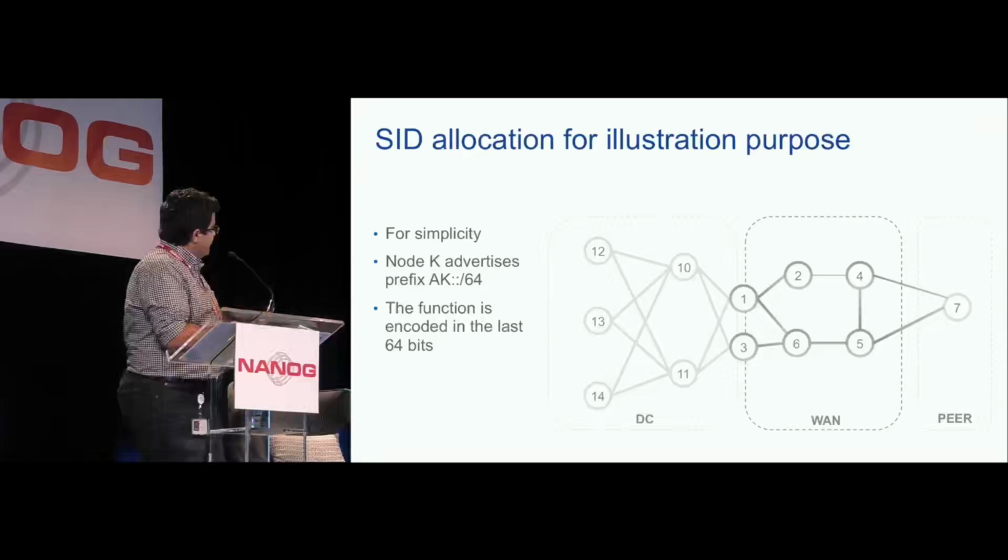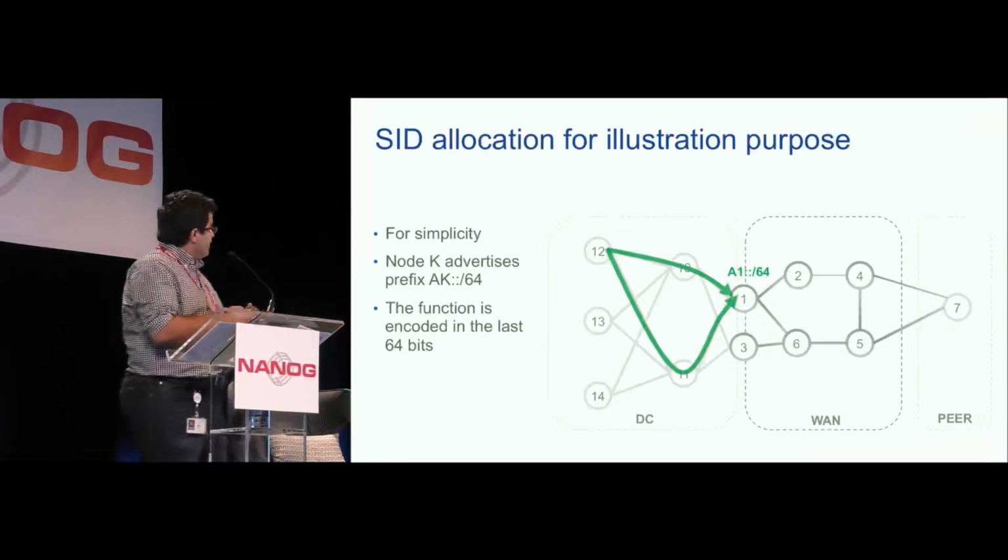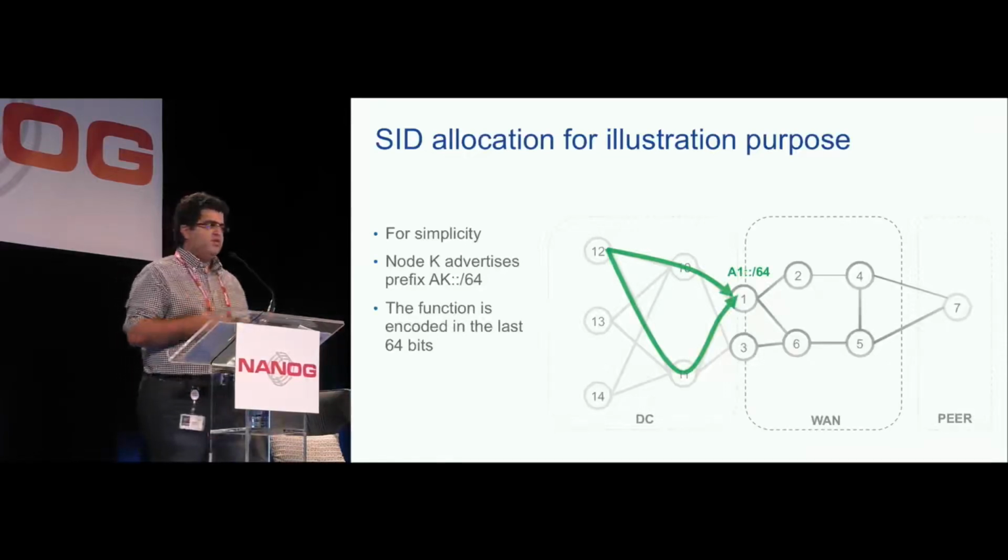So in this particular case, we have a node K, which advertises a prefix AK. You have a SID block which is allocated, which is A1::/64. From this SID block, this particular node can allocate the SID.